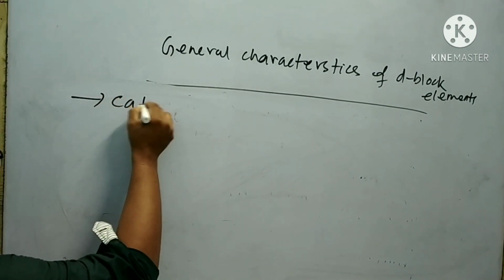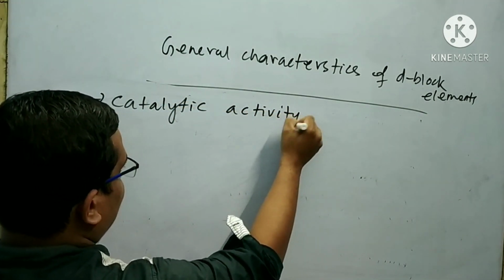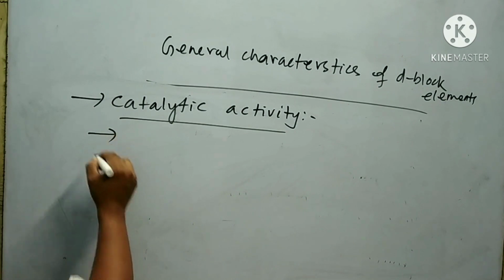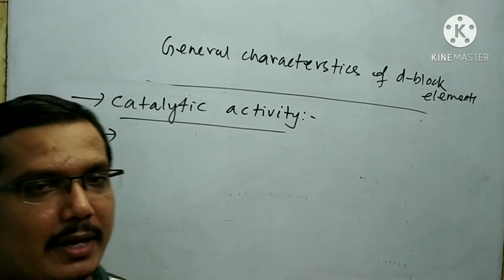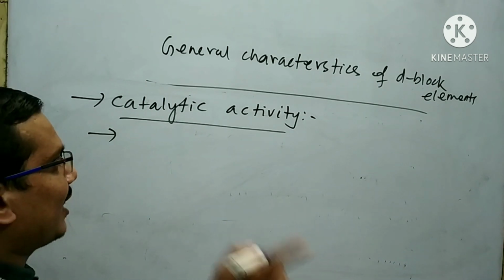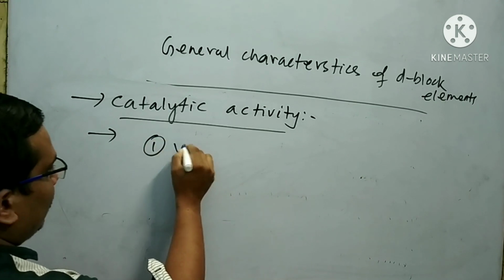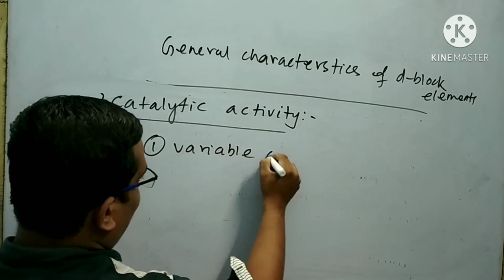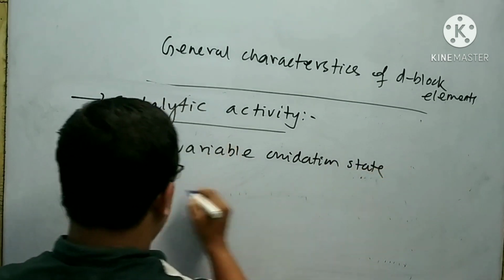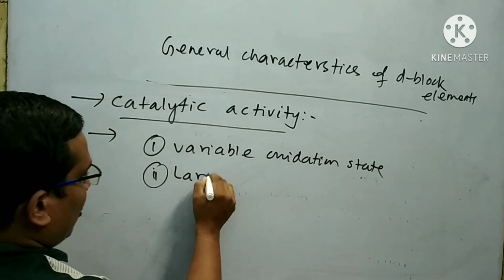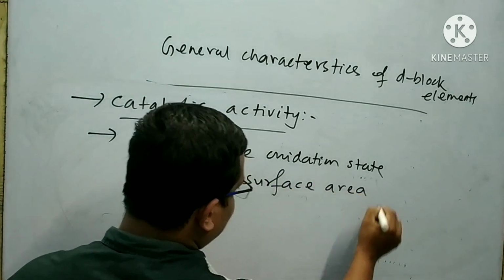Next is catalytic activity. Most of the d block elements are generally used as catalysts in many chemical reactions. The catalytic activity of d block elements is due to, number one, variable oxidation states, number two, larger surface area.